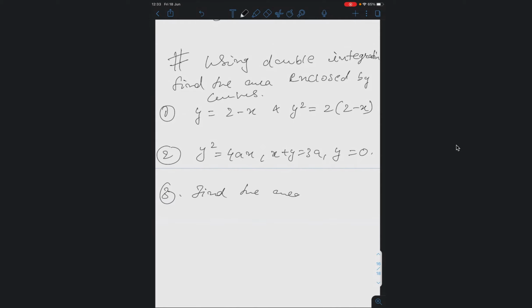Find the area of the cardioid r is equal to a into 1 minus cos theta.